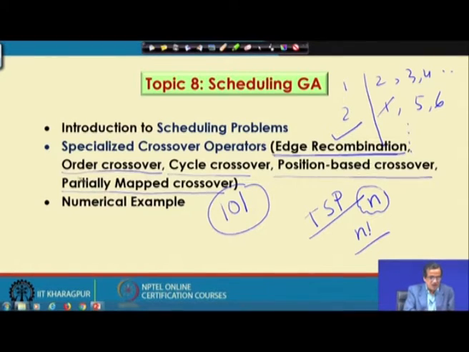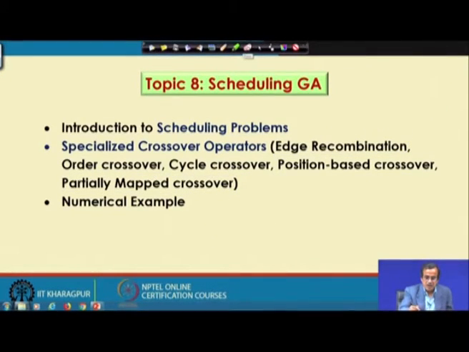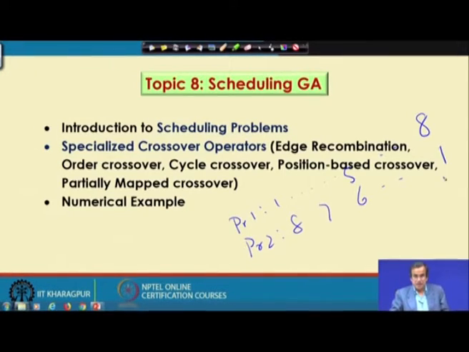Now, then comes your order crossover. Now, here actually what we do is we try to take the help of two parents, parent 1 and parent 2. Supposing that the parent 1 is having a few cities like 1, 2, 3, 4, 5, 6, say 8, and parent 2 is something like say 8, 7, 6, last is say 1.